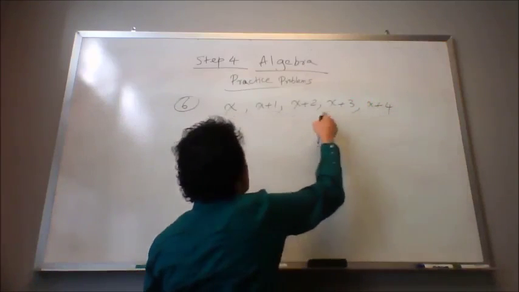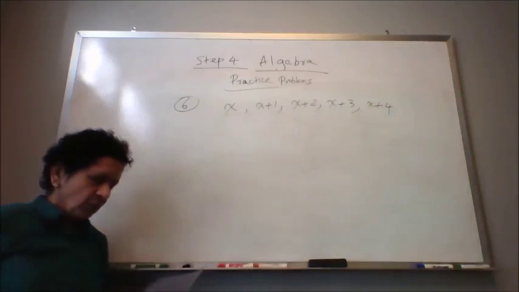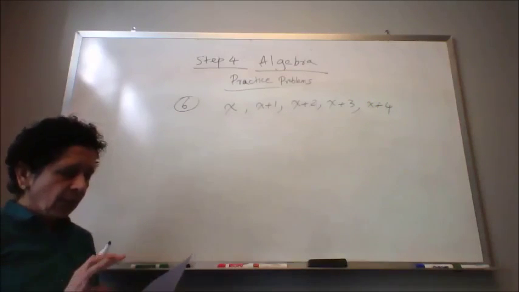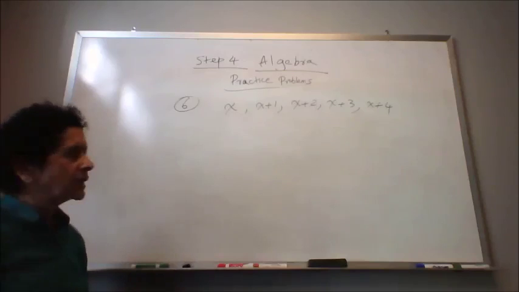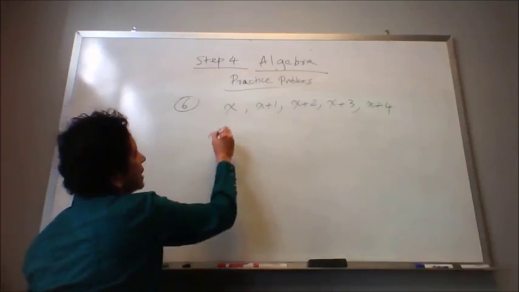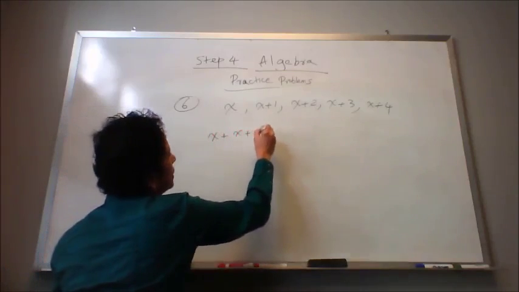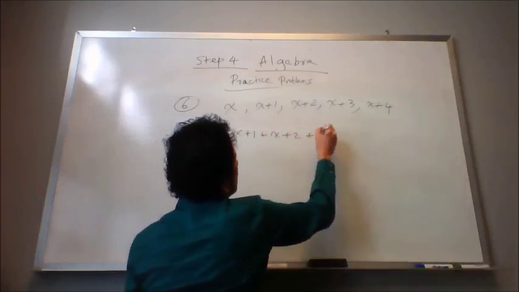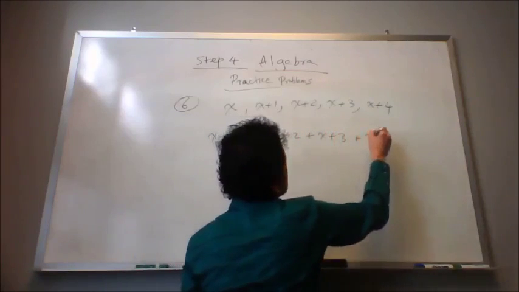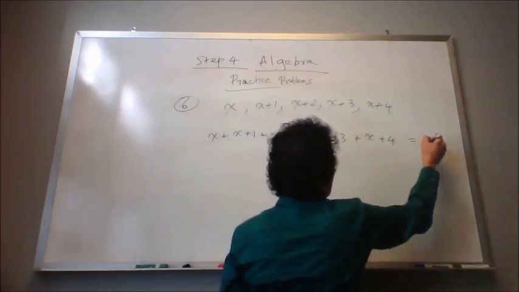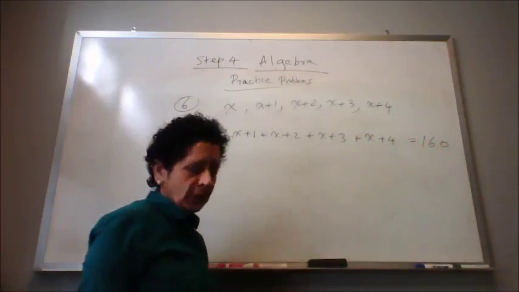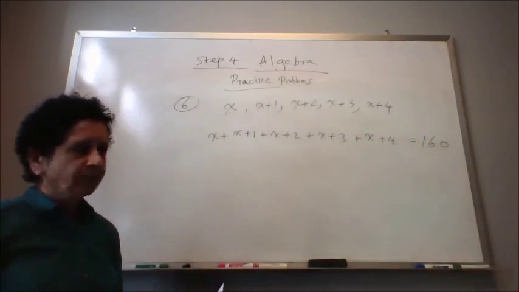So I've got 5 consecutive numbers. Now the problem says that the sum of the 5 consecutive numbers is 160. So that means x plus x plus 1 plus x plus 2 plus x plus 3 plus x plus 4, add all of them and I get 160. That's what the problem says, okay?